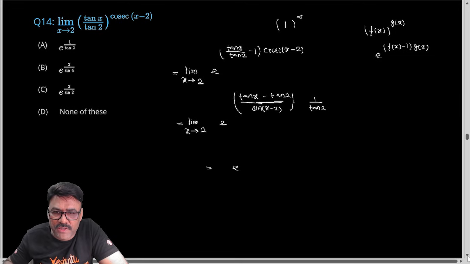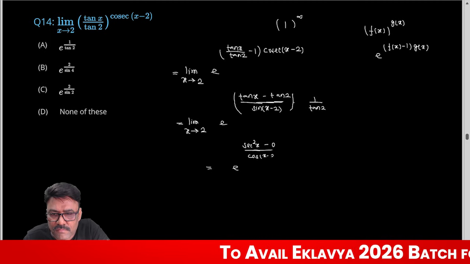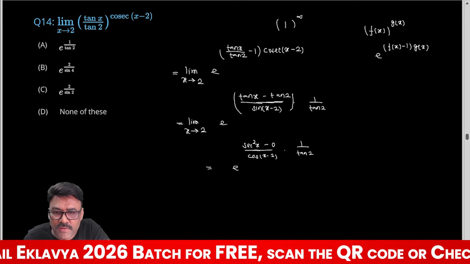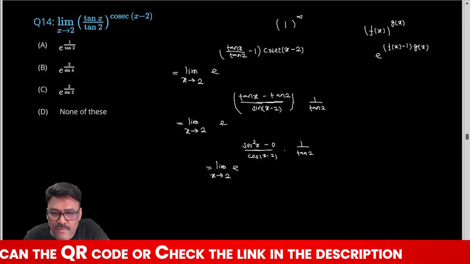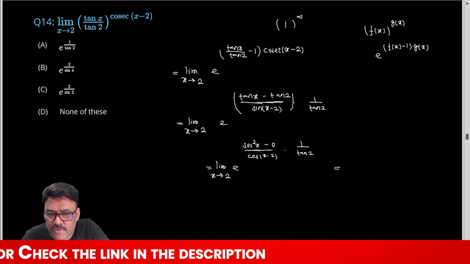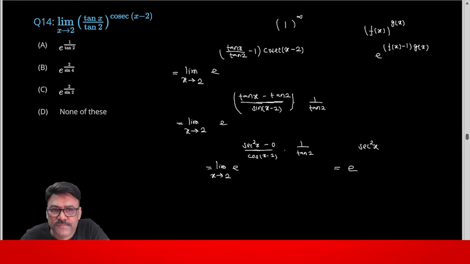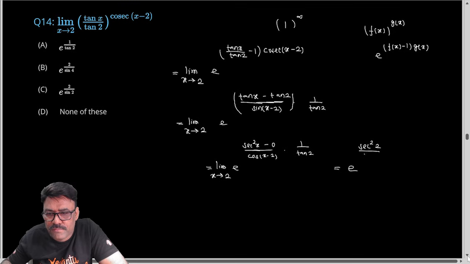The derivative of tan x is secant square x. Derivative of tan 2 is 0. Derivative of sin (x minus 2) is cos (x minus 2). And this 1 by tan 2 is a constant, keep it as it is. And here limit x is approaching 2. Now when you put x equal to 2, it becomes e raised to secant square 2 by tan 2.